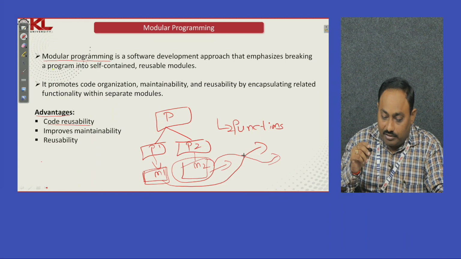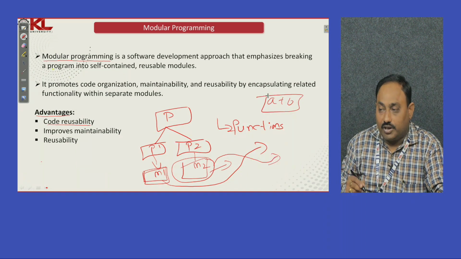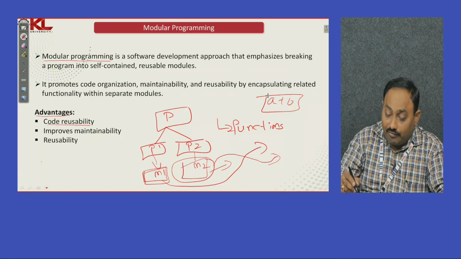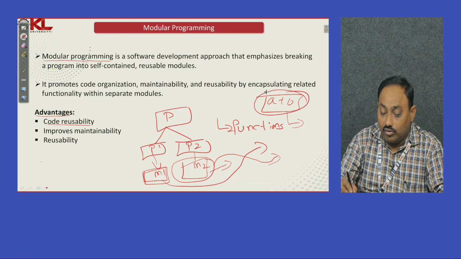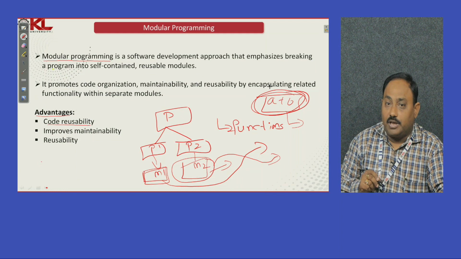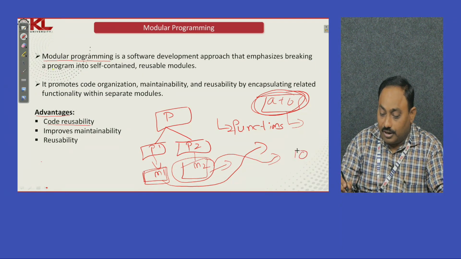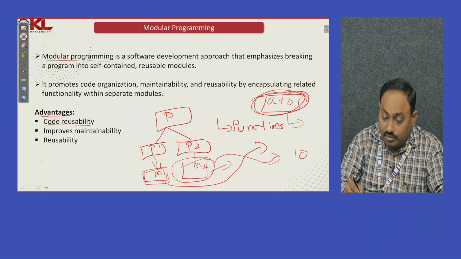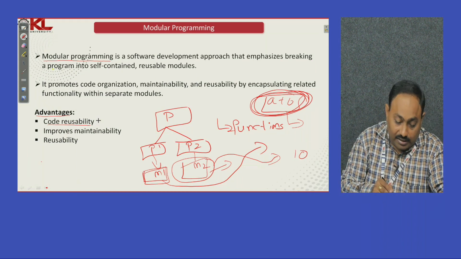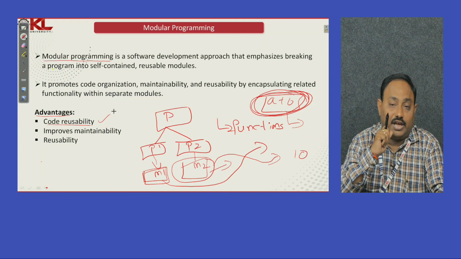For example, I have defined a module to find the sum of two numbers, like a plus b. Let us assume that this is one module. So whenever I want to find the sum of two numbers, I can call this module. For example, if I want to find the sum of 10 pairs of numbers, I can use the same module 10 times. That is known as code reusability. That means define once and use many number of times.